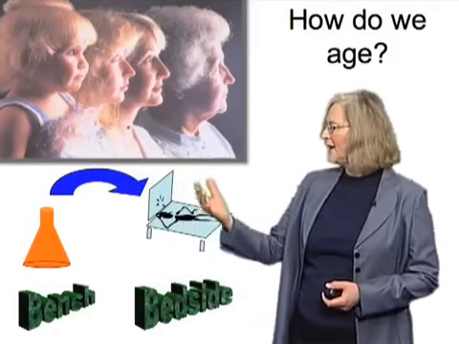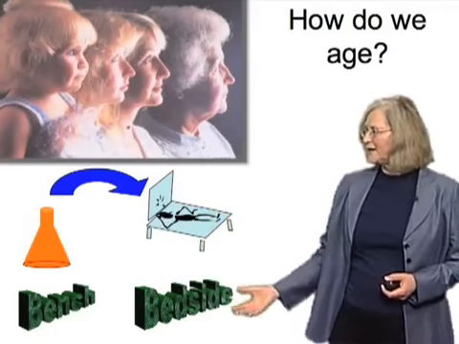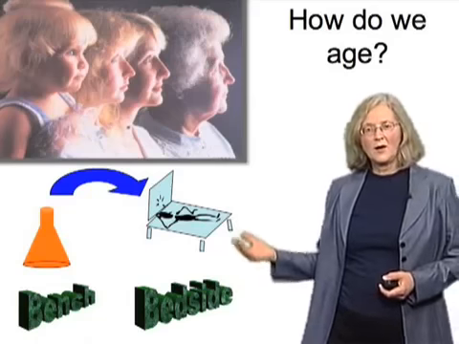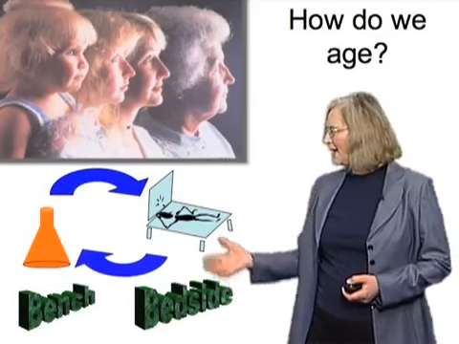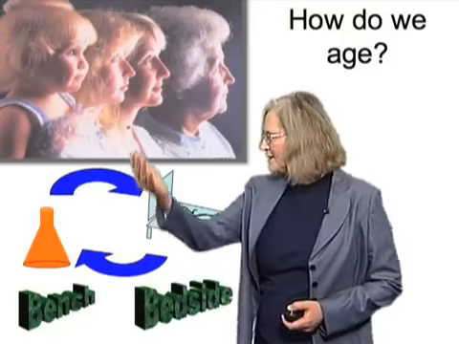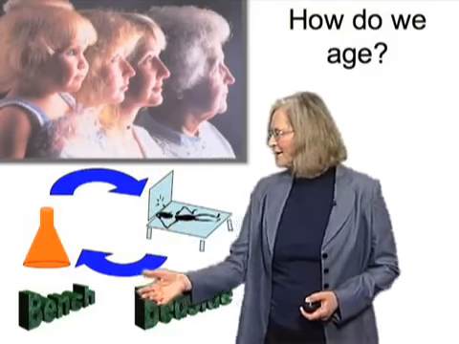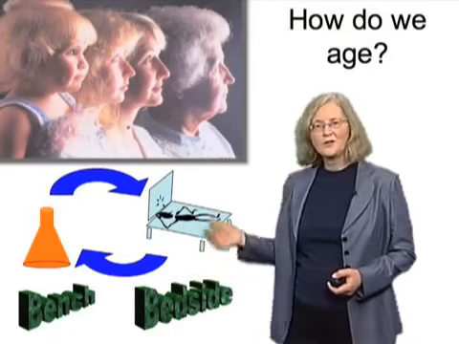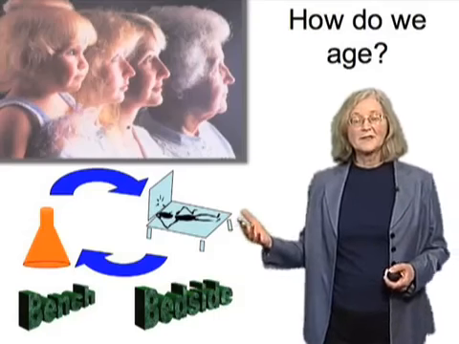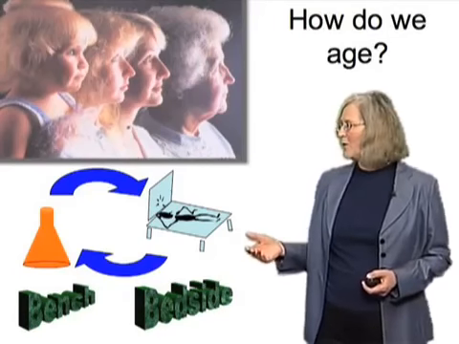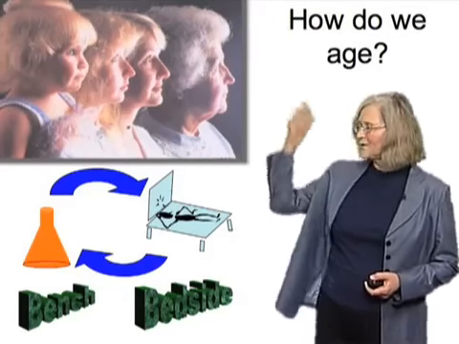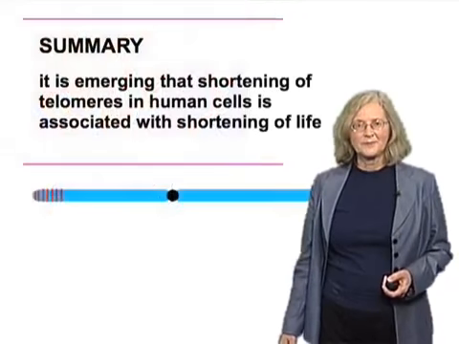That knowledge has been carried to the understanding of some of the diseases of aging and back. And so this continuous cycle of knowledge and understanding, I think, is going to be an important part of how we address the question of how do we age.